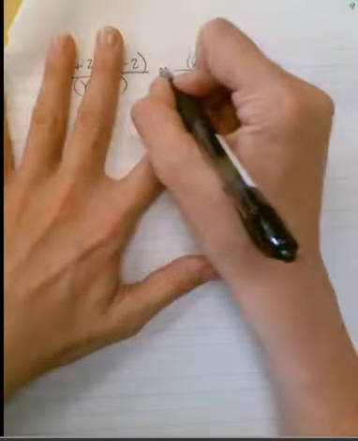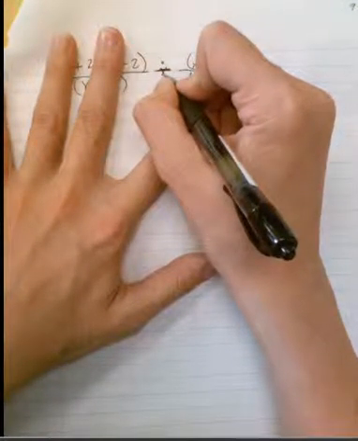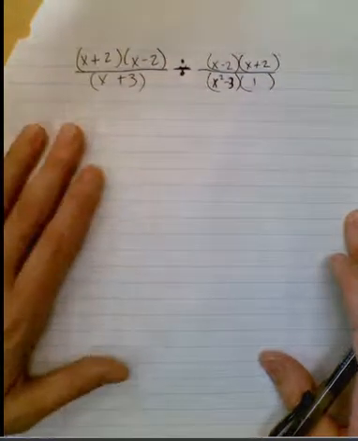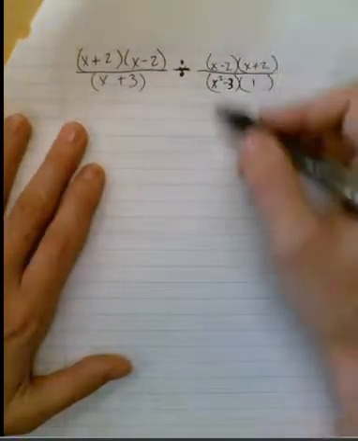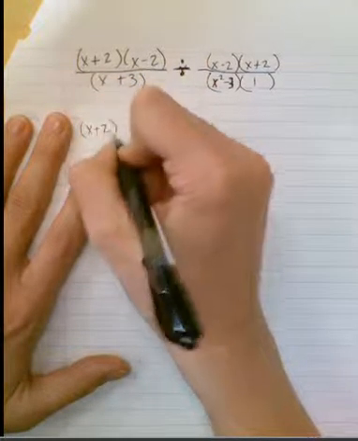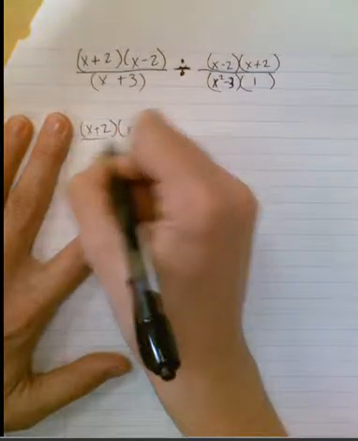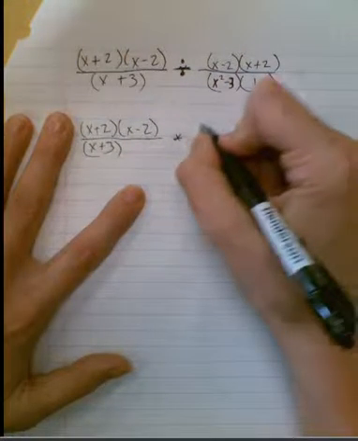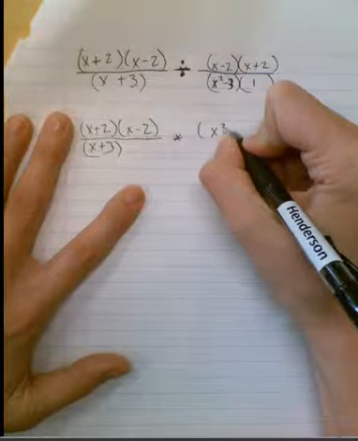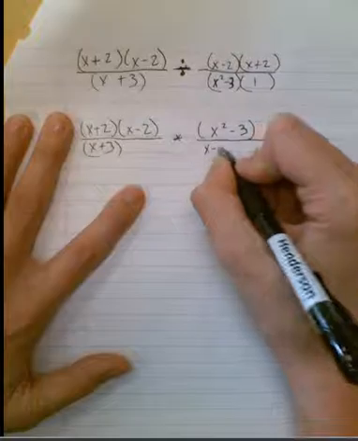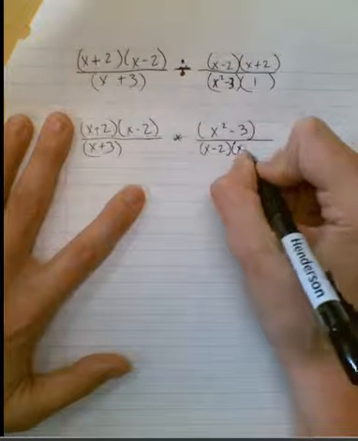This is supposed to be division still here, because I just rewrote it exactly like it was on the front page. Now we're going to multiply by that reciprocal. So flip all this over. This is going to be x plus 2 times x minus 2 over x plus 3, times x squared minus 3 all over x minus 2 times x plus 2.